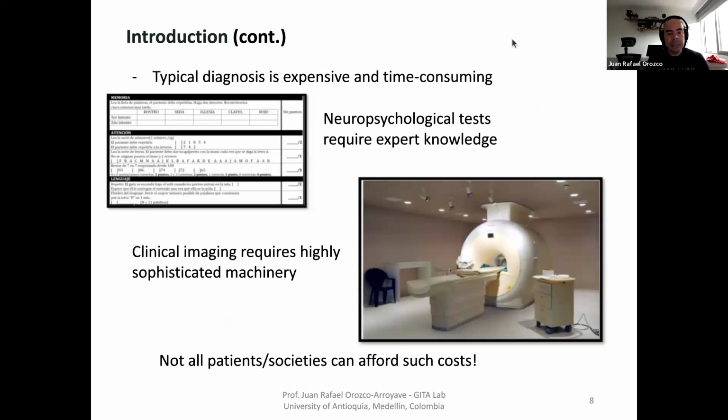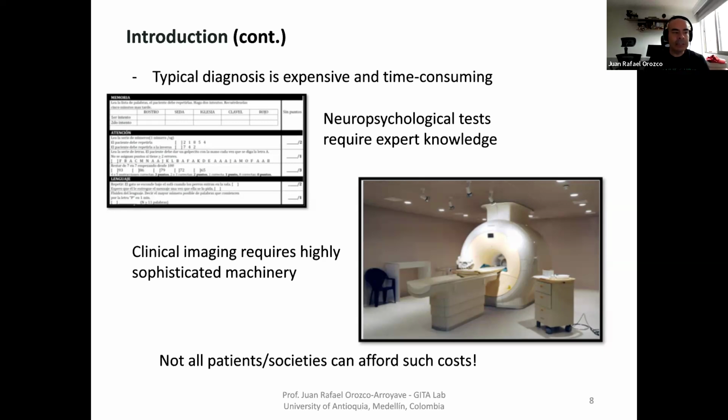Now, how can society currently address this problem? Typically, you go to the clinic, and if something abnormal is happening, they take two possible decisions. One is to do neuropsychological tests that typically are administered by experts who studied not only neurology, but also psychology, so neuropsychology.